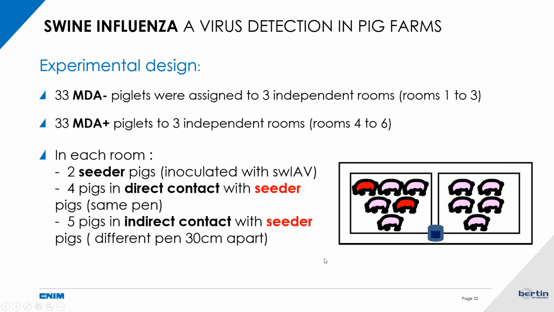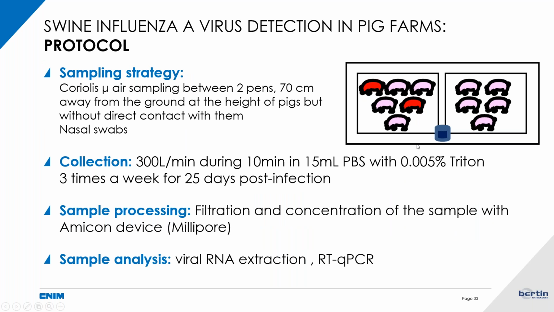So infected pigs, mixed with uninfected, were on one side, and non-infected pigs were on the other side, and the only way of transmission could be air. And they put the device between the two boxes.